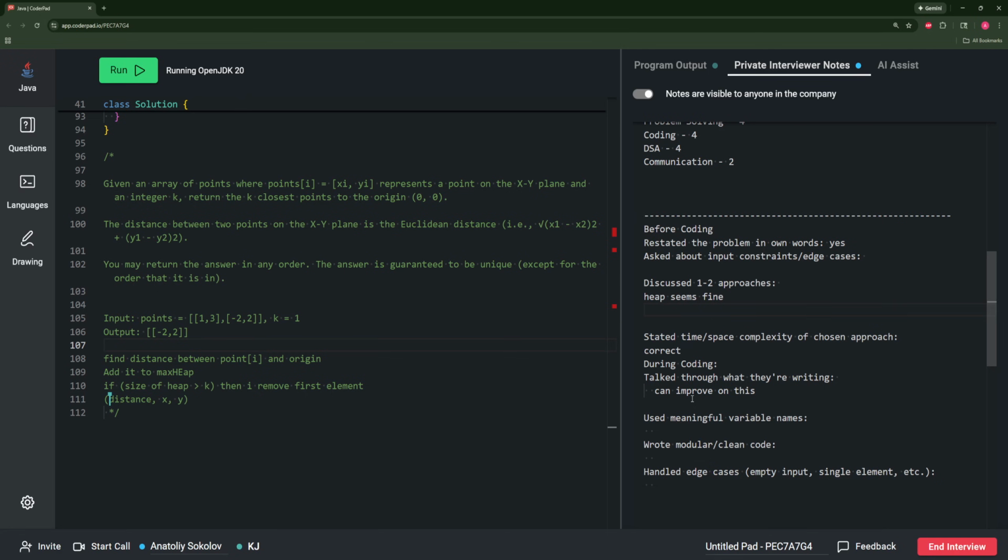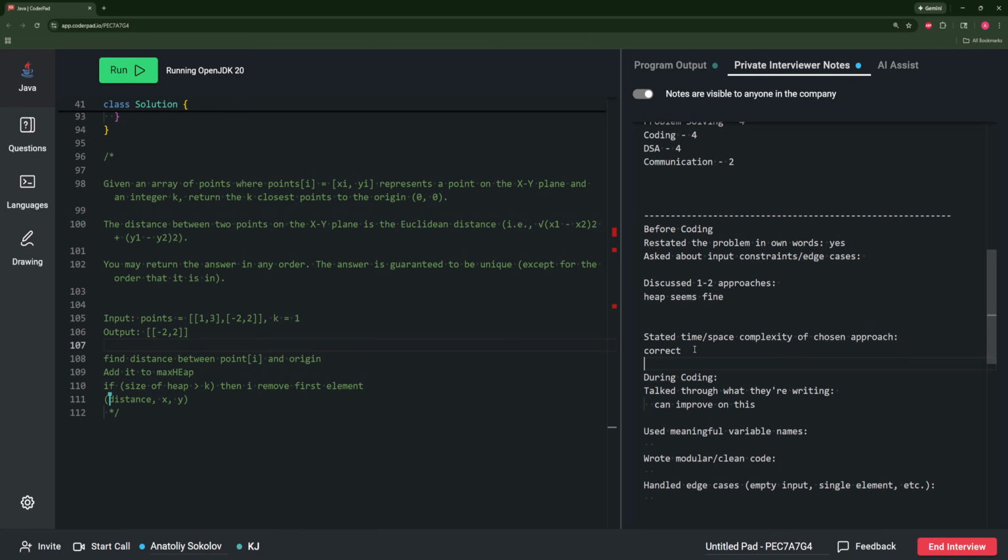Yep, makes sense. And then what would be the time complexity for this one? Right. So inserting into a heap of size k would be O of log k, and we have n elements. So this would be n, this would be log k. These are n elements, and this check is constant because we're removing the first element.